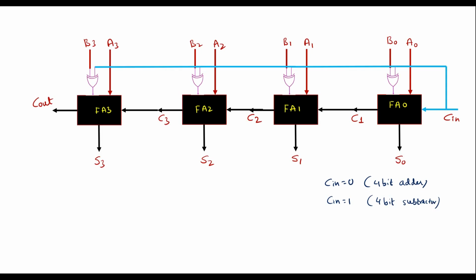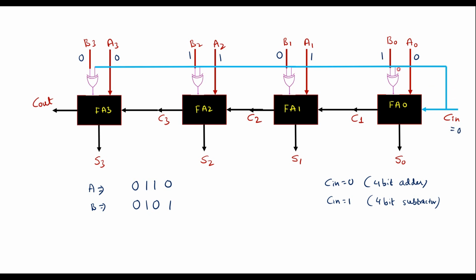So now let me consider A3, A2, A1, A0 as say 0, 1, 1, 0, that is A bits, and I will consider B bits, that is B3, B2, B1, B0 as say 0, 1, 0, 1, that is nothing but 5, and A we have 0, 1, 1, 0.